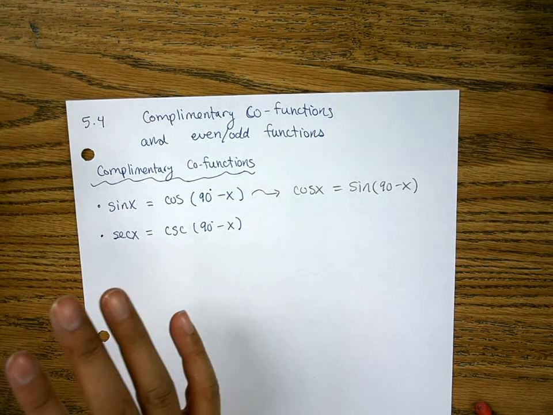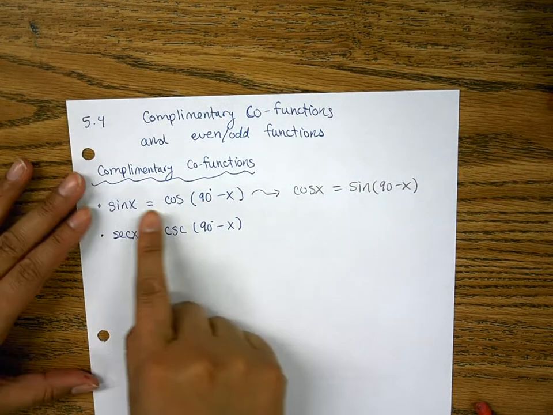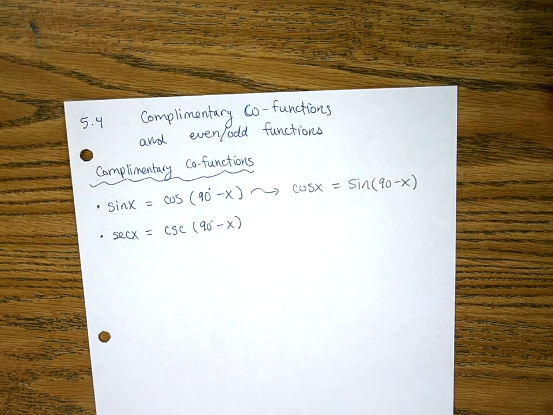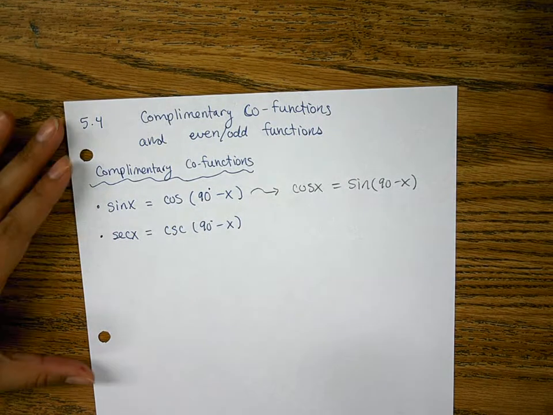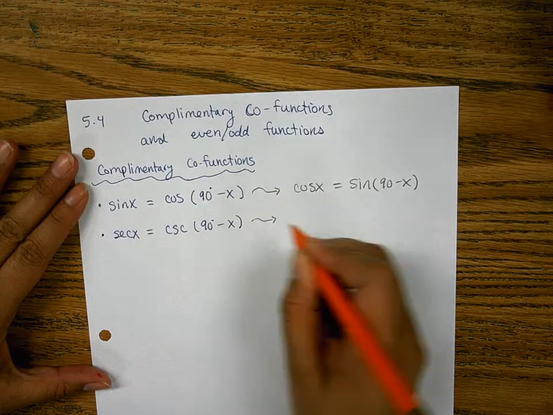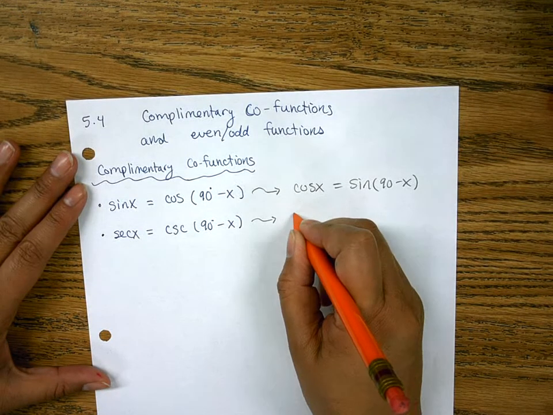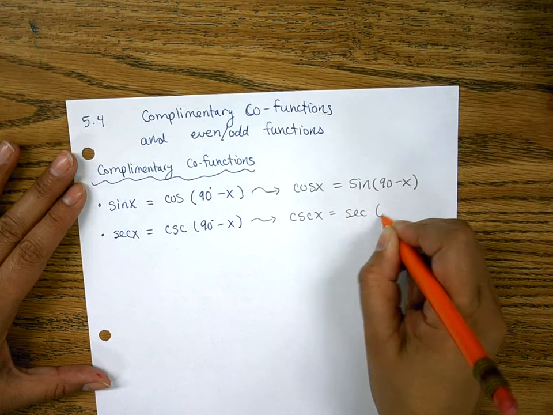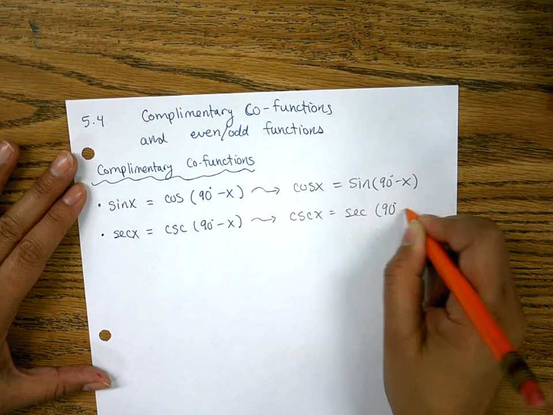So these are not the same as the reciprocal functions. They're not. You're looking and listening for the co in front of the functions. Okay, and it works both ways. Cosecant of x will equal secant of 90 degrees minus x.